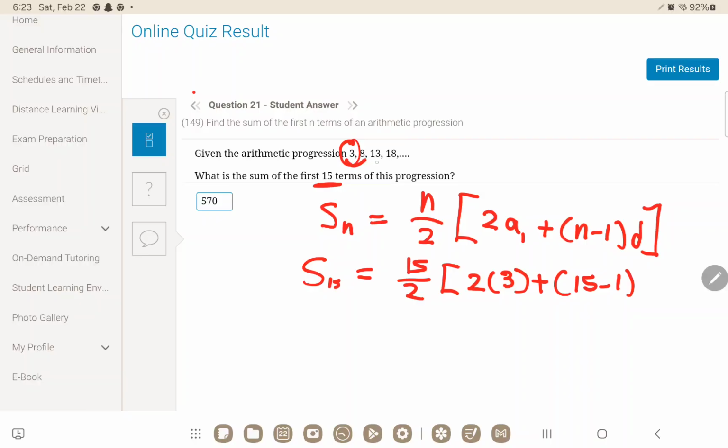So 8 minus 3 is 5, 13 minus 8 is 5, so the common difference here is 5. You could put all of this in your calculator, which is exactly what I'm going to do. So 2 times 3 plus 15 minus 1, which is 14, times 5. And close brackets. You're going to get that S15 is equal to 570. And that is it.